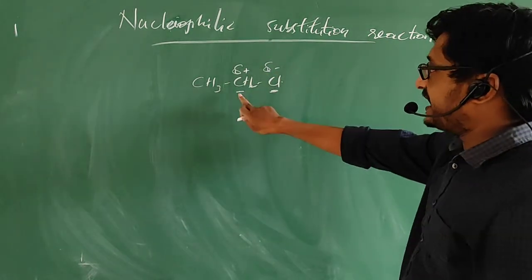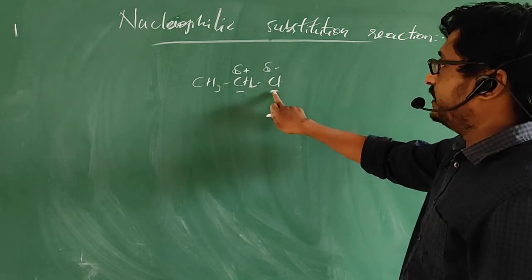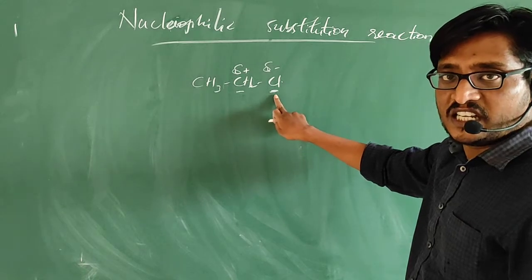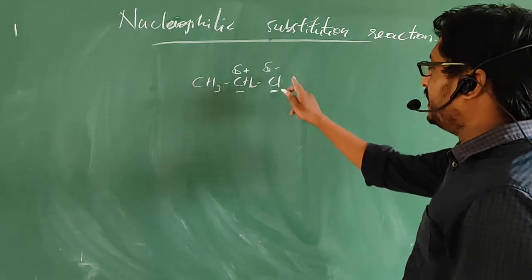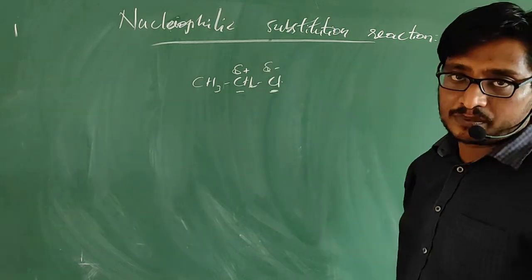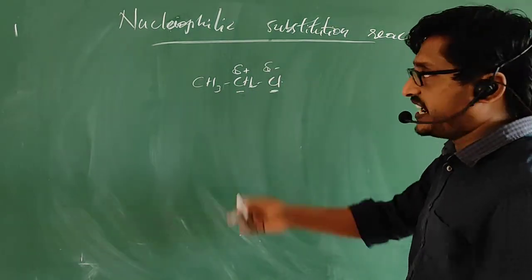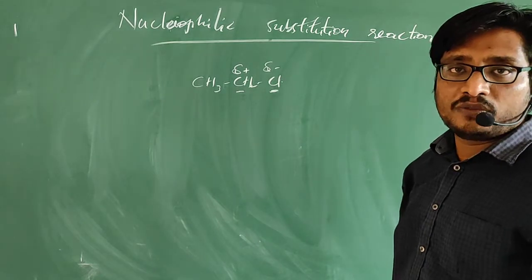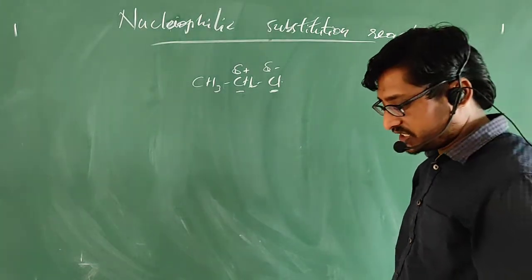When the nucleophile attacks this carbon, the halogen present here will get removed. In place of this chlorine, the nucleophile will get substituted. That is why these reactions are known as nucleophilic substitution reactions.